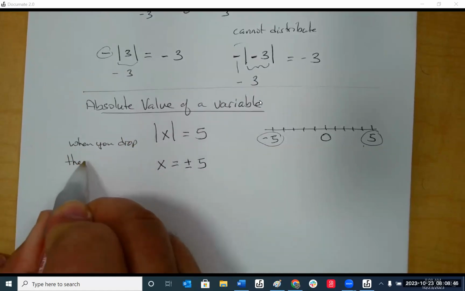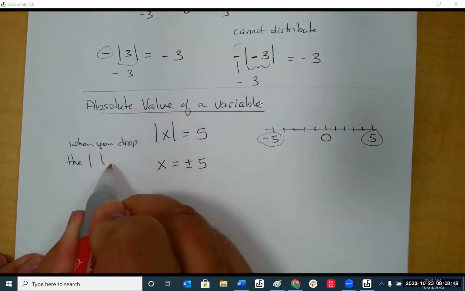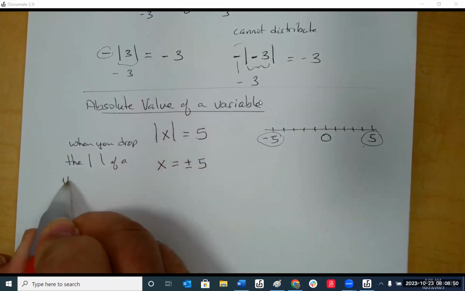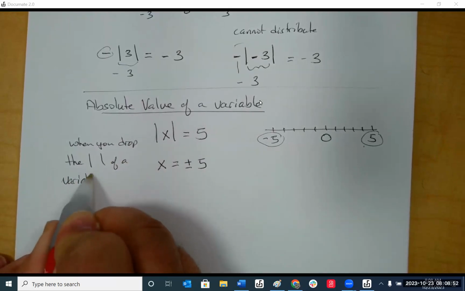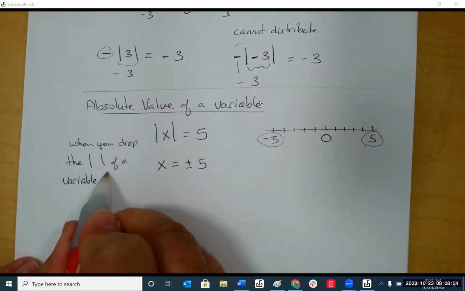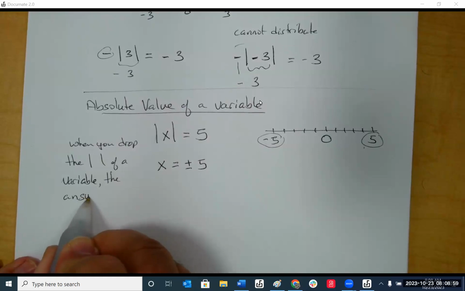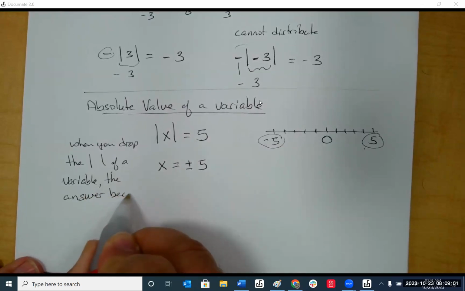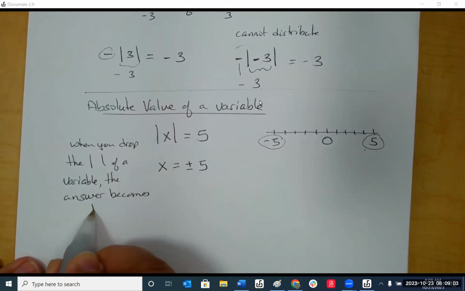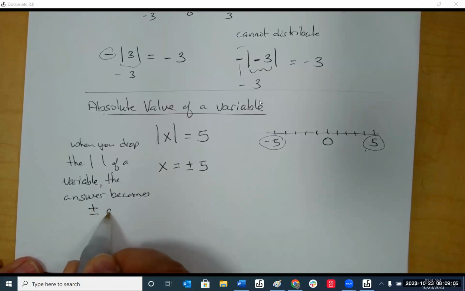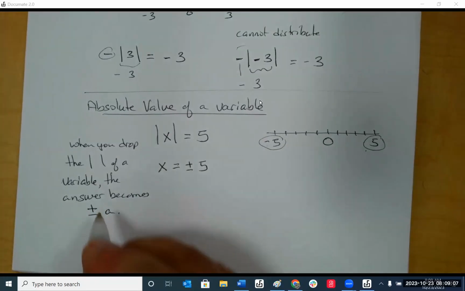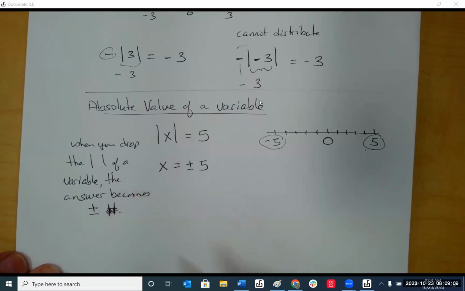Whenever you drop the absolute value of a variable, the answer becomes plus or minus whatever the number is.